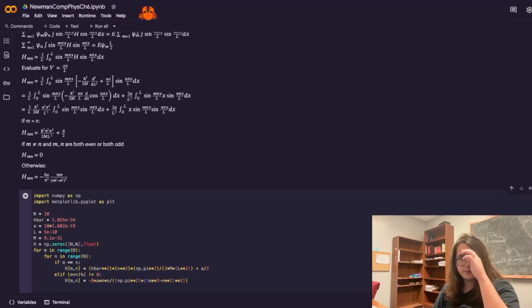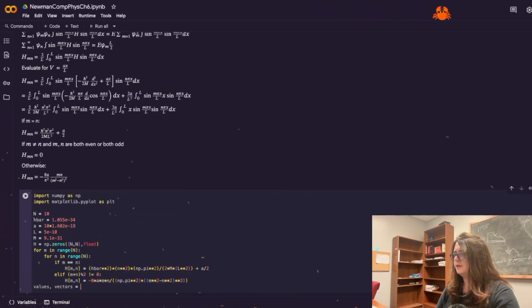So that's cool. At this point, you can solve for the eigenvectors and eigenvalues. I'm going to call it values and vectors equals the numpy linear algebra dot eigh, taking the argument just h, right?